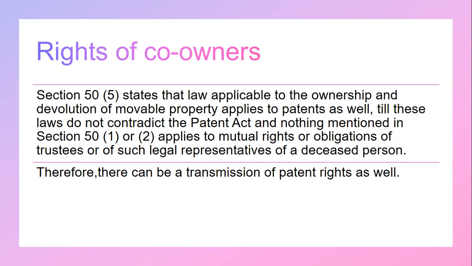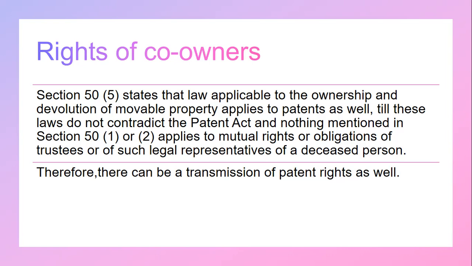This section says that law applicable to the ownership or devolution of movable properties. For example, if somebody owns a movable property and that person is a deceased person, then the property gets transmitted to their legal heirs, right? Same thing will happen in patents. So in case a patent applicant is a deceased applicant now, the patent rights will devolve upon their legal heirs, right?